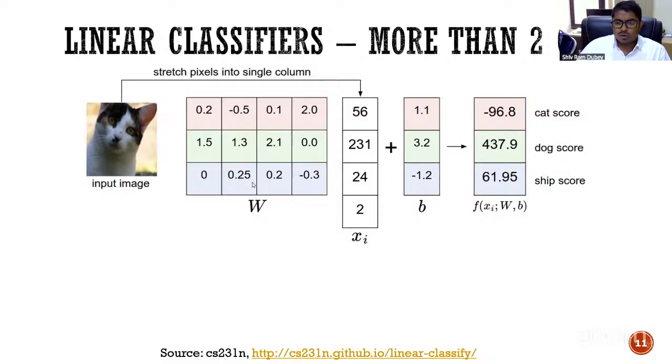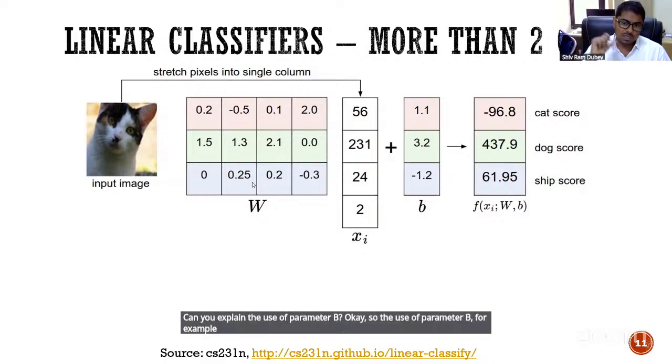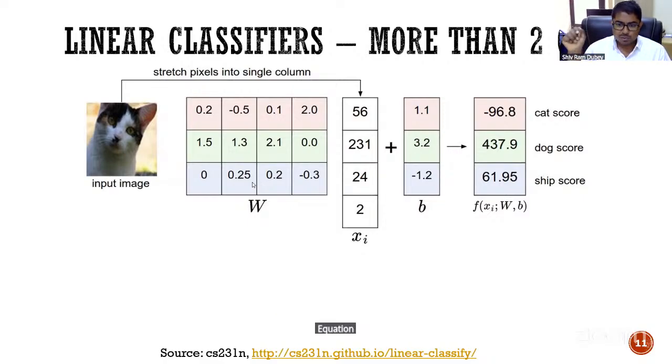Can you explain the use of parameter b? Okay, so for example, if you see the equation of a line, y equals bx plus c, then what is the use of c there?